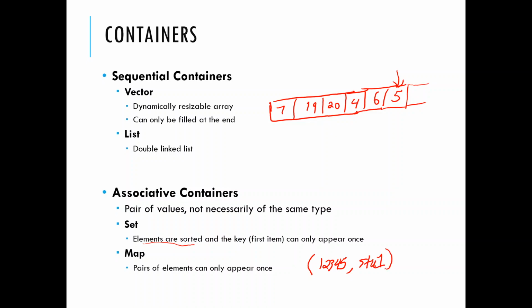Just for argument's sake, it might be a pair like this is a student's ID, and that's student 1, the associated data. So if I look up this particular number, I get student 1. I get these pairs of elements, and they can only appear once. So it allows me to have these pairs so I can have a bunch of quick lookups. I haven't actually used a map myself either in the STL.